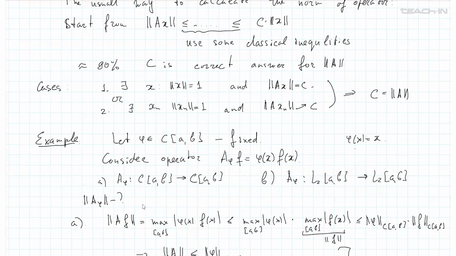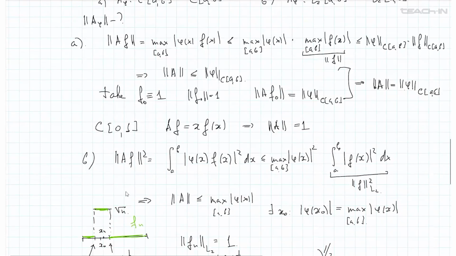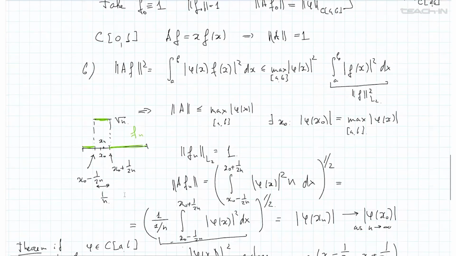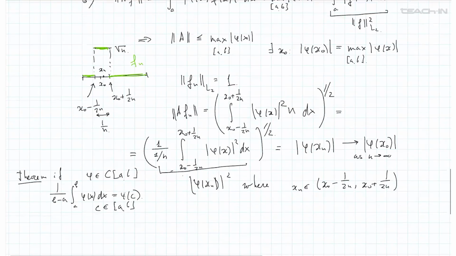In the first space we can find one function f0, and we see that this norm is a maximum, not a supremum. But in situation B, in another space, the same operator has the same norm, but it is just a supremum. If the function phi is not a constant, then the norm is just a supremum. It is realized only as a limit on a sequence. Is it clear?